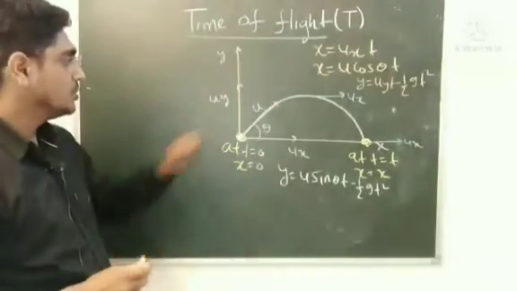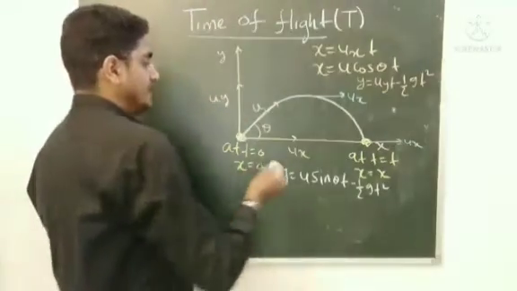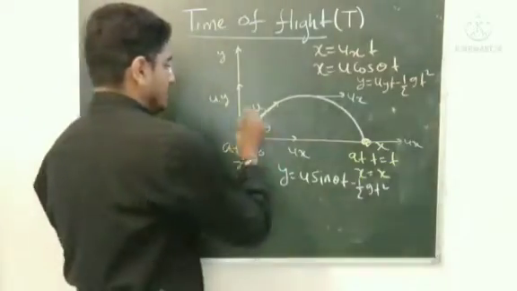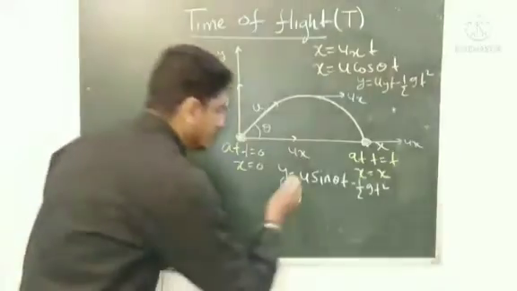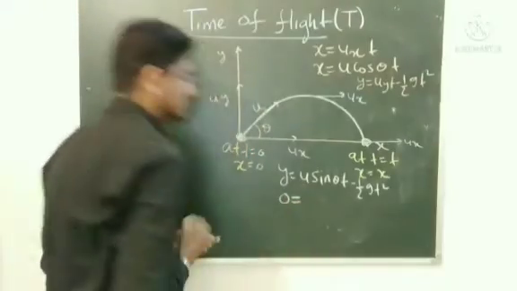Okay, so what is the time of flight? Look in this diagram, when the y component of this particle is 0, in place of y we can put 0.